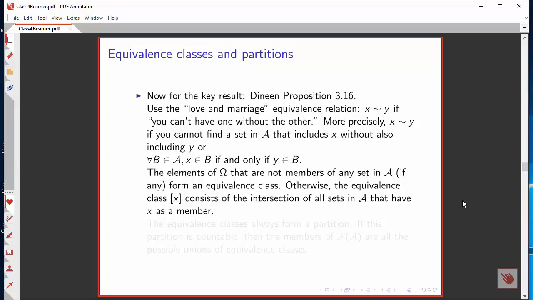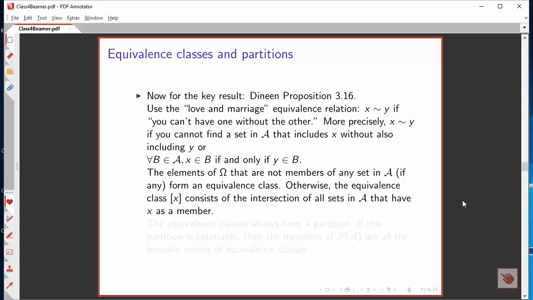Now, if we've got this collection of sets, there are going to be some elements in the sample space in general that aren't members of any such set. That forms an equivalence class. If you consider any pair of them, they're both absent from any set you might consider.